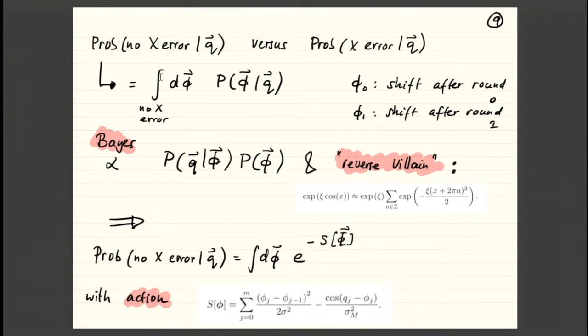The upshot is that we can interpret it as a Euclidean path integral with an action for a field, which is a one-dimensional field of these shifts. And this action has sort of like a kinetic term.